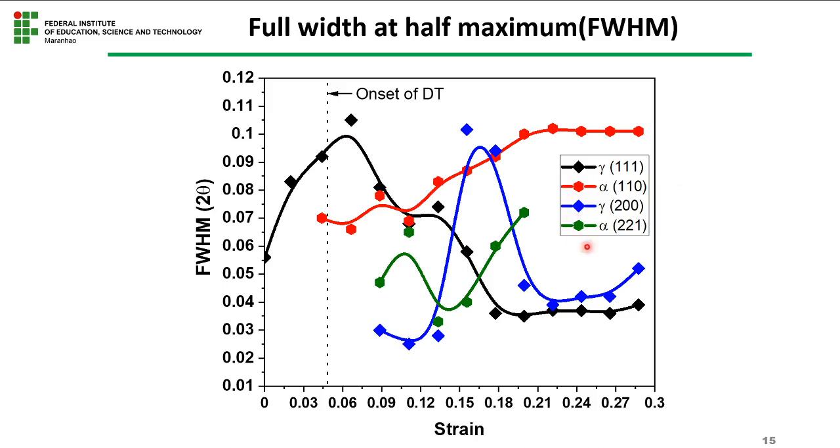The other planes of ferrite appear over here and have this unusual behavior, and this other plane of austenite appears here and also work hardens and softens. This confirms what we have been seeing in many results so far.